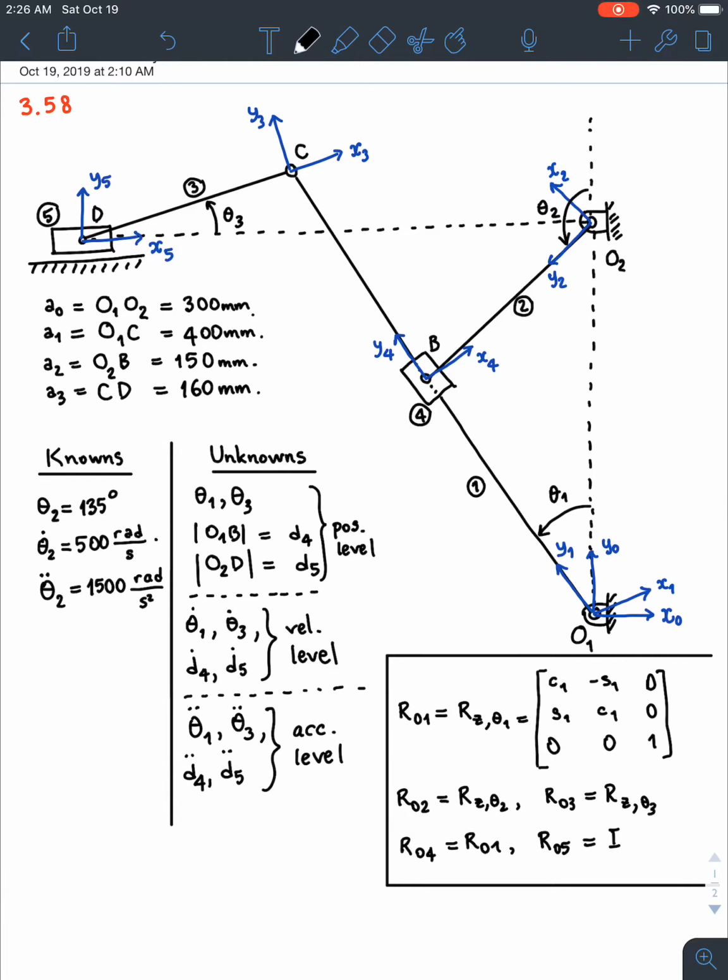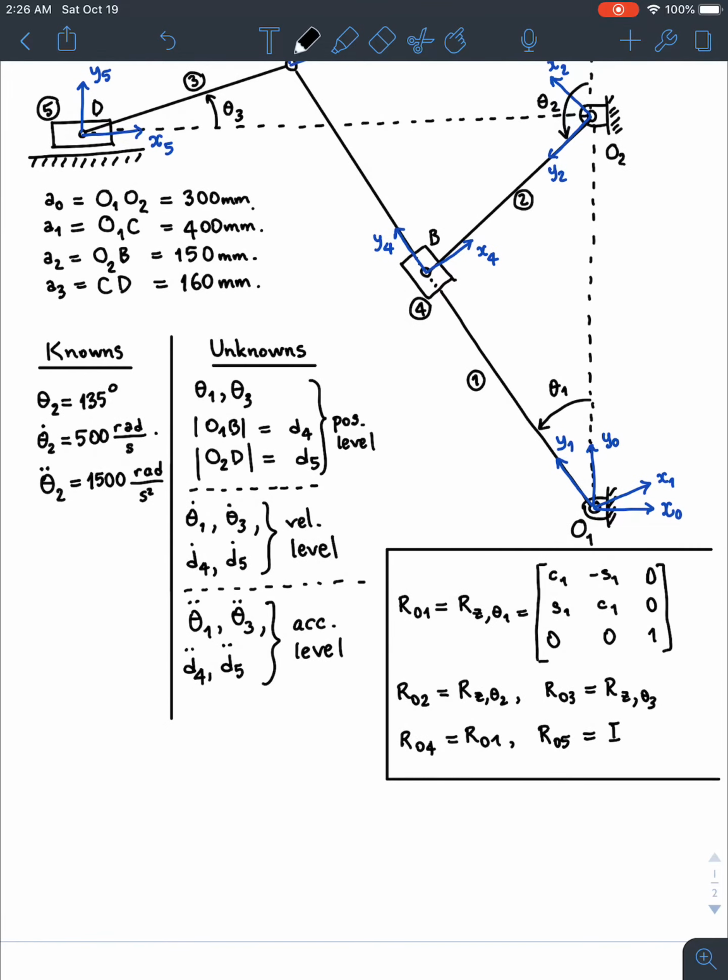If we're doing the velocity level analysis, essentially we're looking for the rate of change of these variables: theta 1 dot, theta 3 dot, d4 dot, and d5 dot. And if we're doing acceleration level analysis, we're looking for the double time derivatives of these variables: theta 1 double dot, theta 3 double dot, d4 double dot, and d5 double dot.